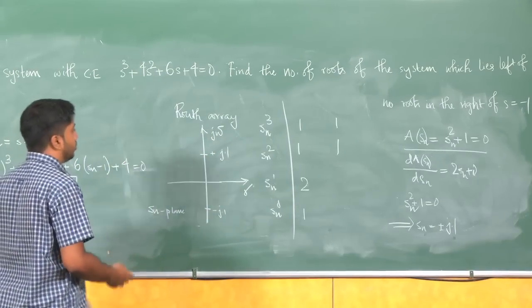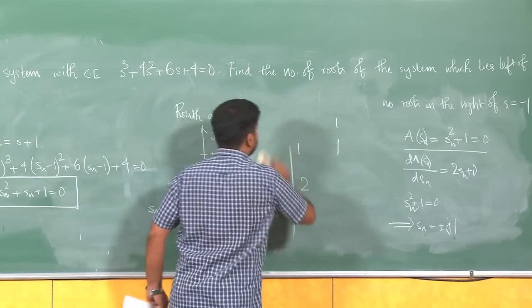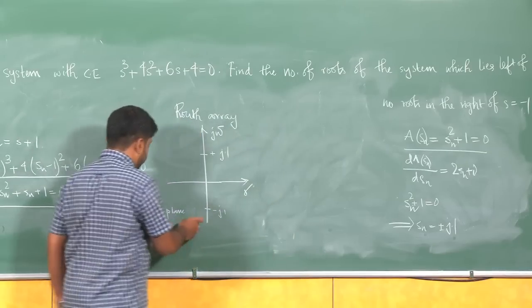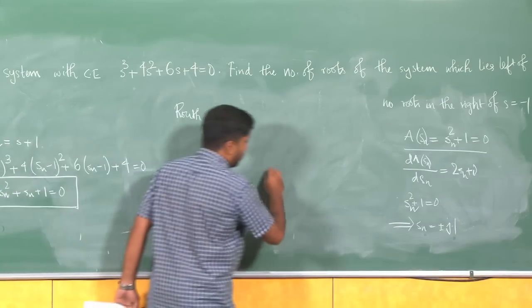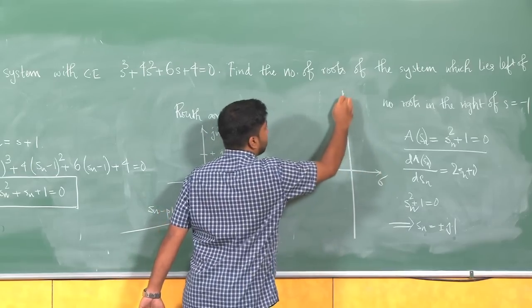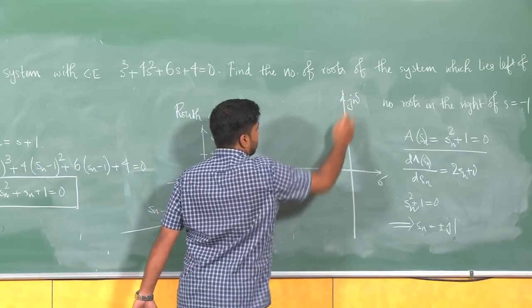Now, if we see the entire picture in the S plane, not in the S_n plane, this is our original sigma, this is our j omega.